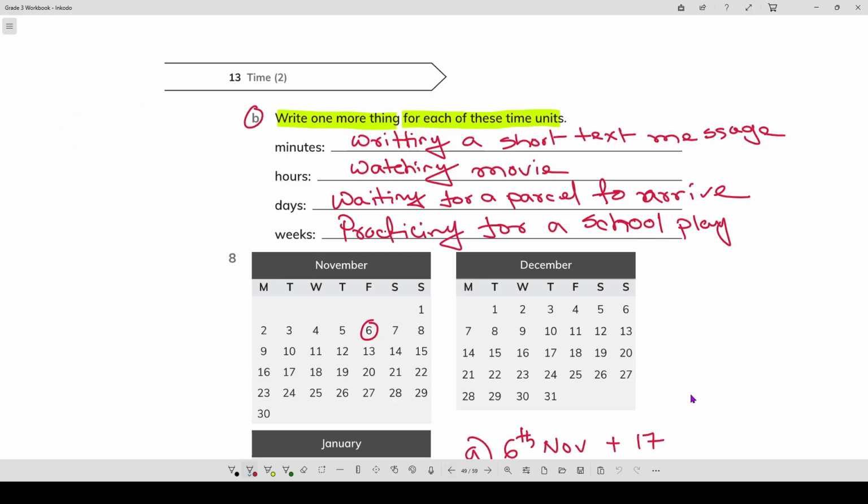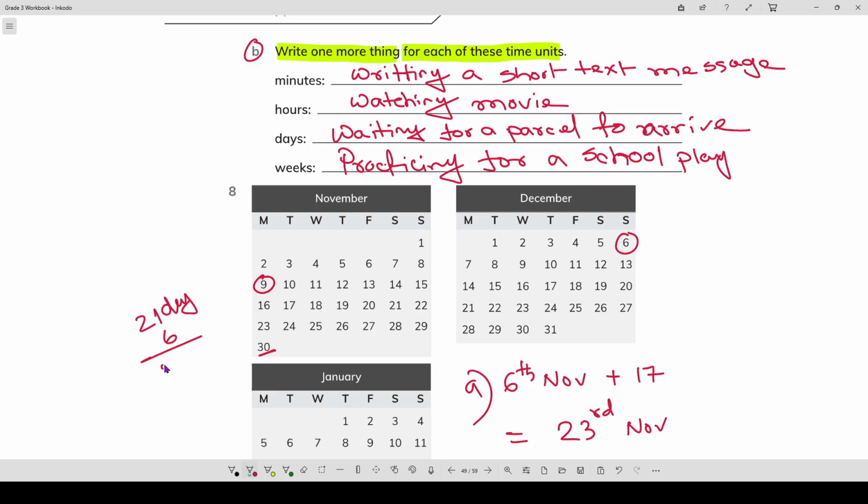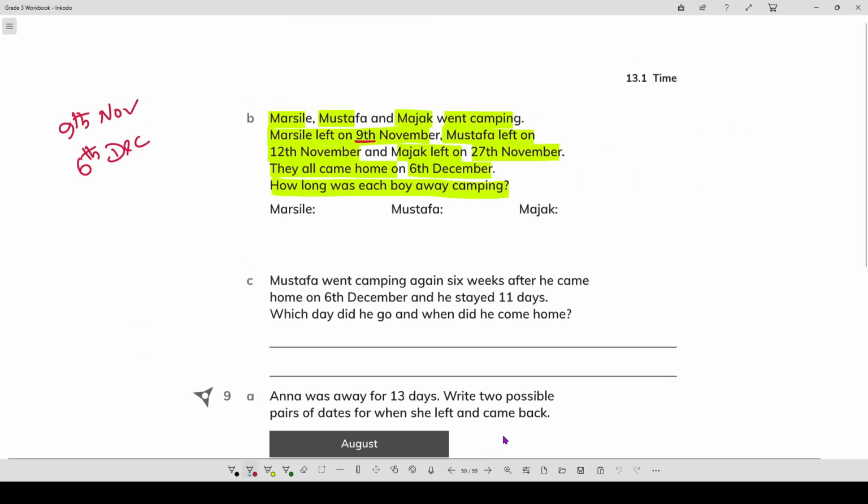How many days here? If you check from the 9th November to 30, that is 21 days, and here is a 6. So add 6, it means 27 days. Marcel, 27 days.